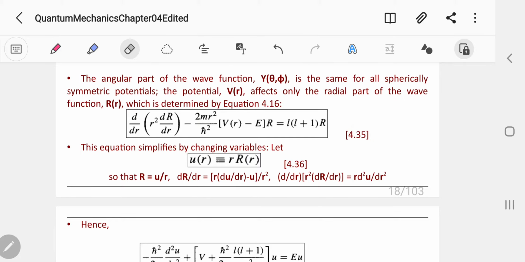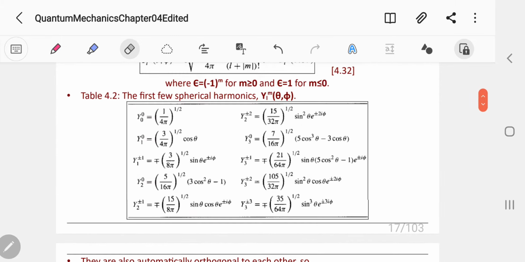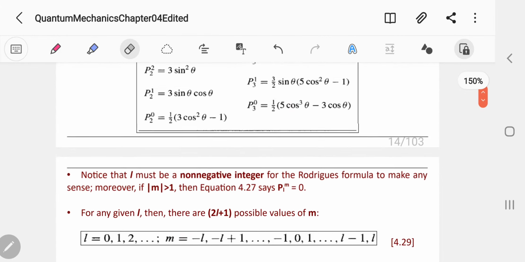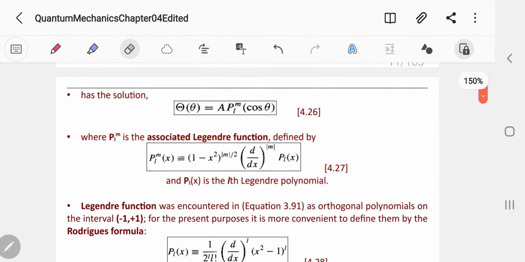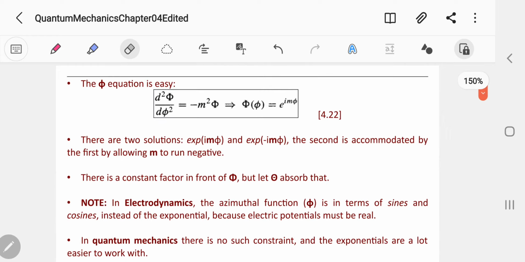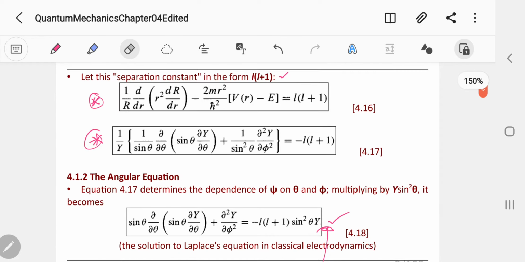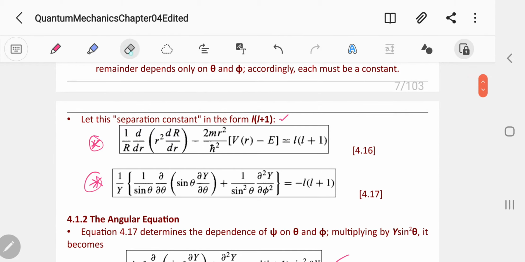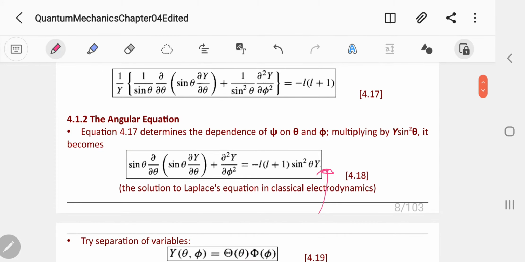This is now the expression for the radial part. We go back to this equation here. This is the radial part. And we go to that again.